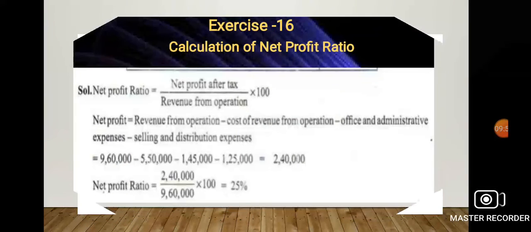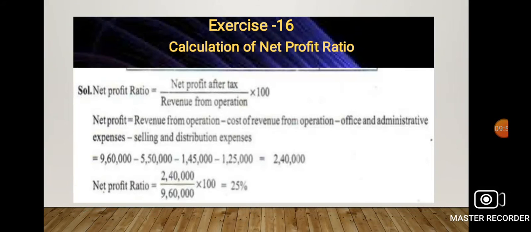Then exercise number 16. From the following details of a business concern, calculate the net profit ratio. So given the values, find out the net profit ratio. What do we mean by net profit ratio?